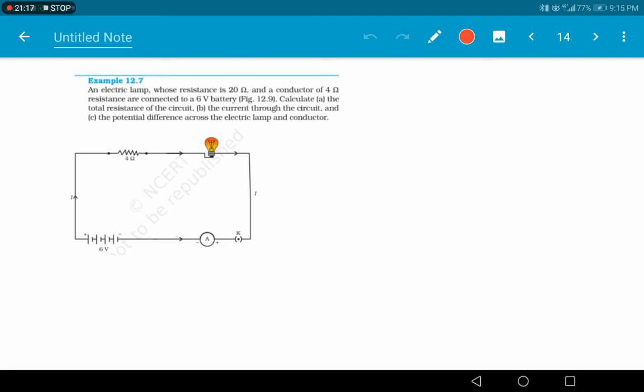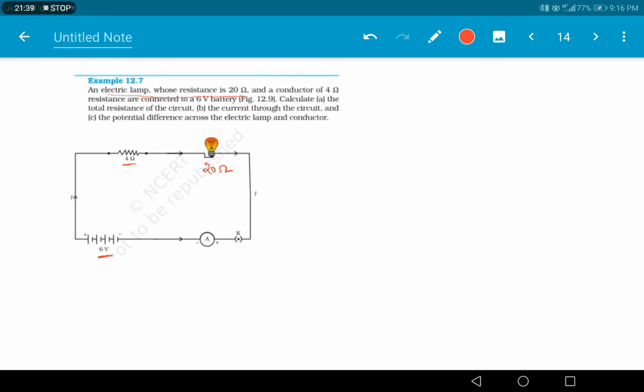It is a textbook question. The same question, example question 12.7, we are discussing here. An electric lamp whose resistance is 20 ohm, it is also a resistor, and a conductor of resistance 4 ohm are connected to a 6 volt battery.